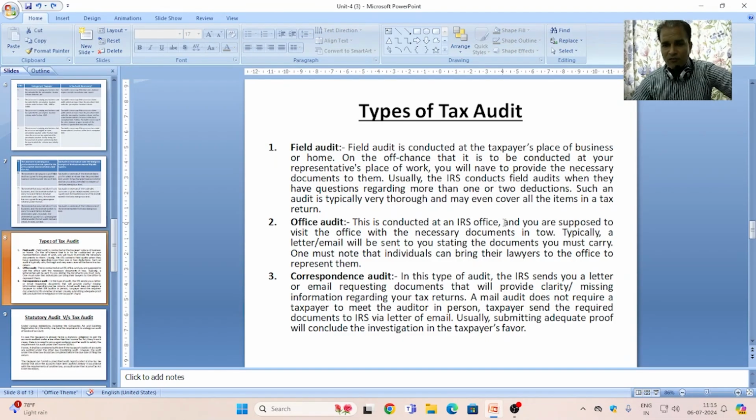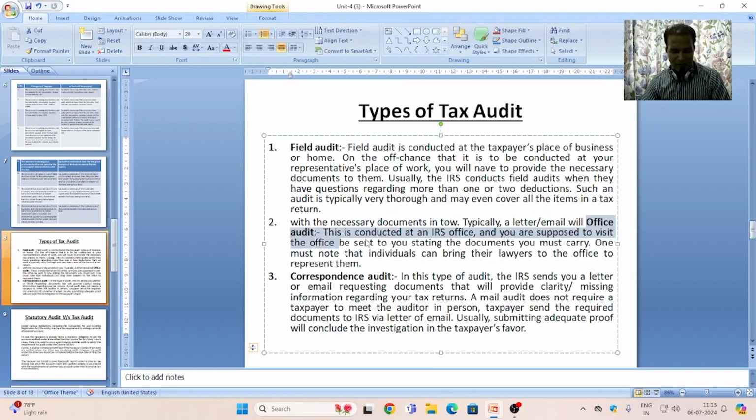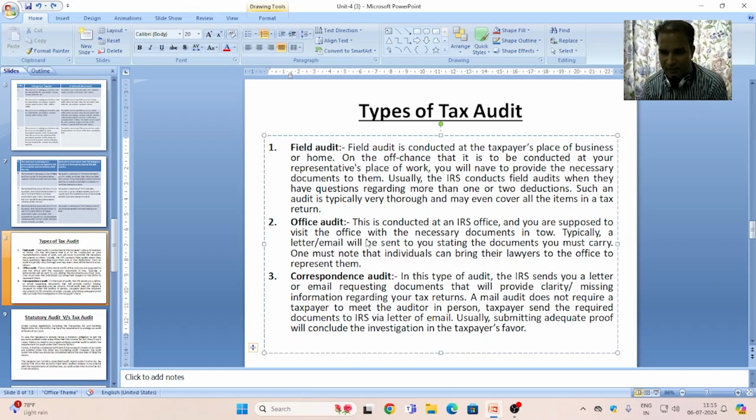After that, field audit means the income tax officer will come to the taxpayer's office or premises for audit purposes. In the second type, office audit, the taxpayer or SSC carries the important documents and reaches the income tax department office where the audit will be performed.